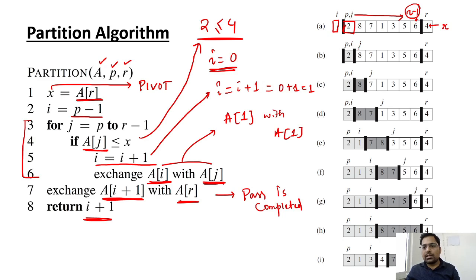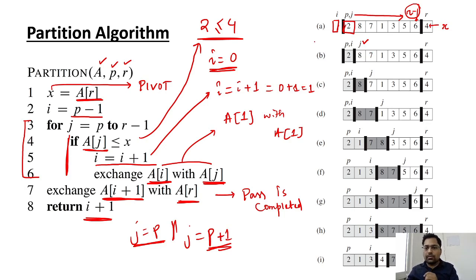Once it is completed, the j value will be at the second position. Why? Because we have completed one iteration, and j was at p, so j will be p plus 1, which is now the second position. Clear? This is exactly the second step we are working.